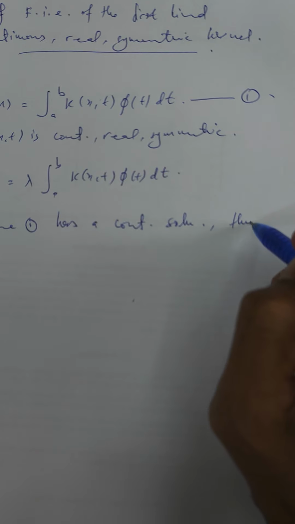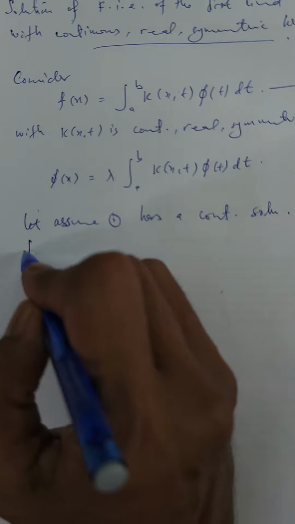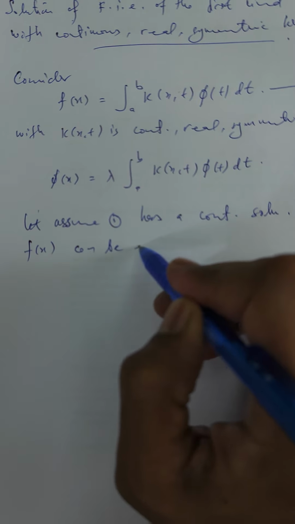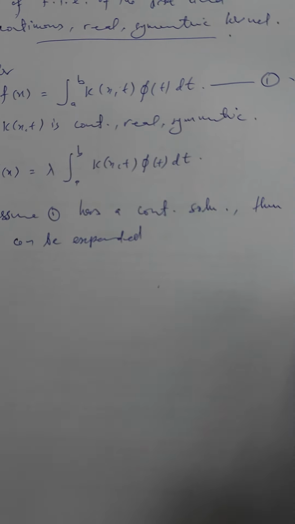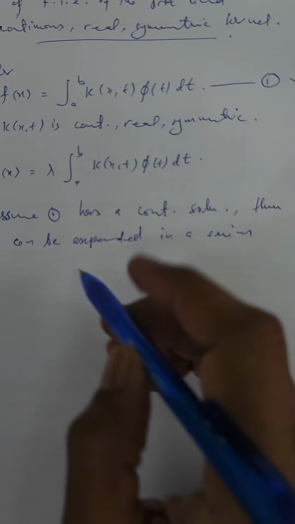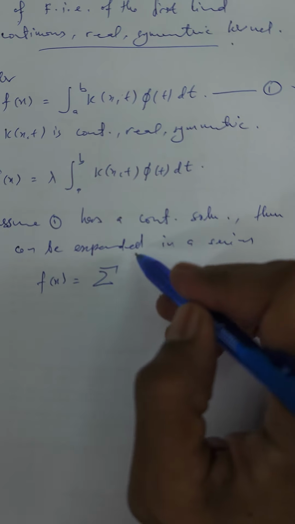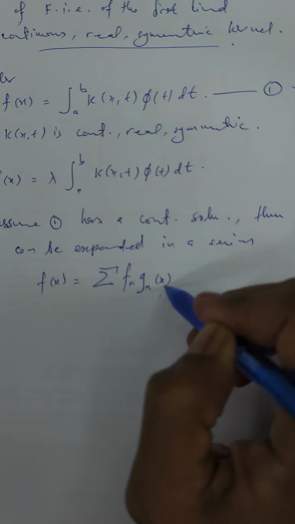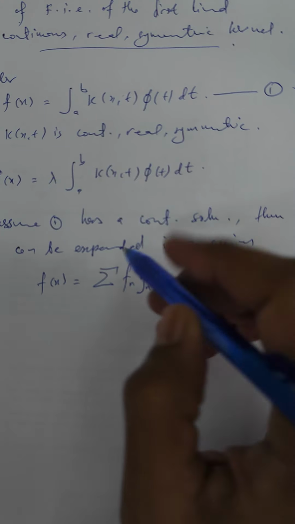Then f(x) can be expanded in a series: f(x) is equal to the sum of f_n g_n(x) for x between a and b.